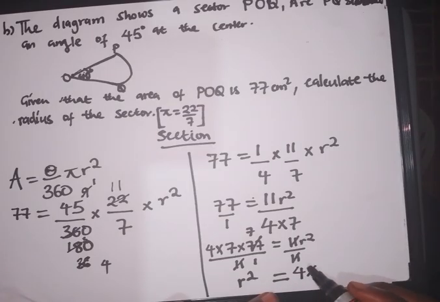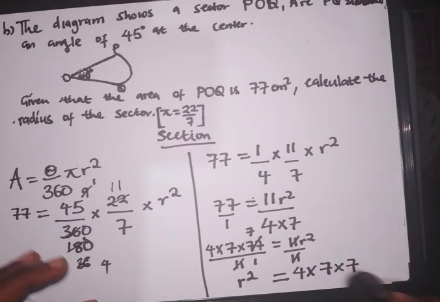We have 4 times 7. This is the trick which you need to use. Remember, we have 2 sevens. And our next step is to find the square root.